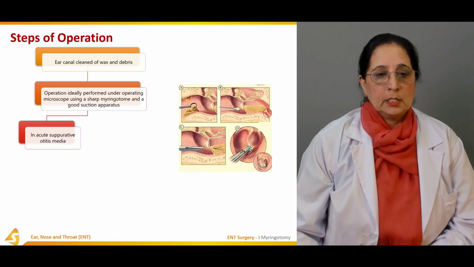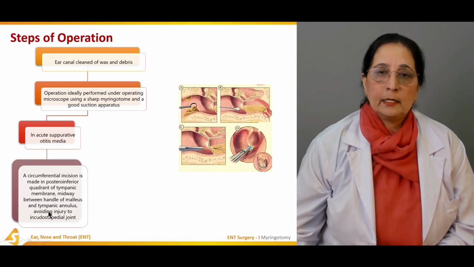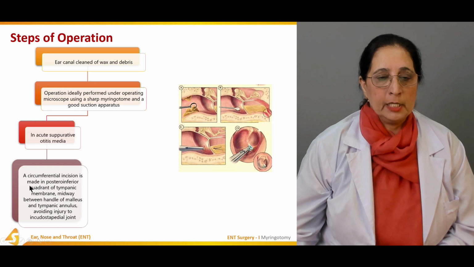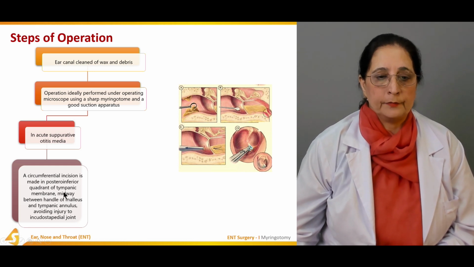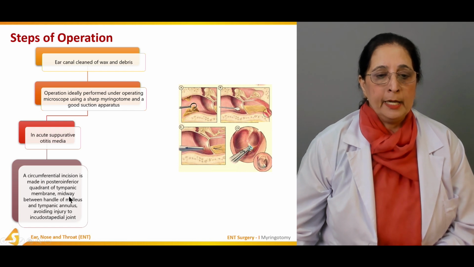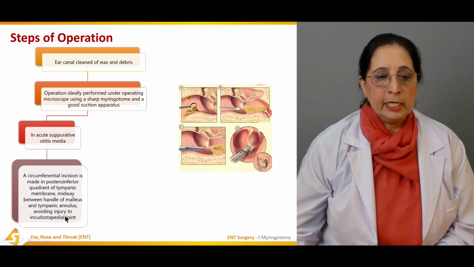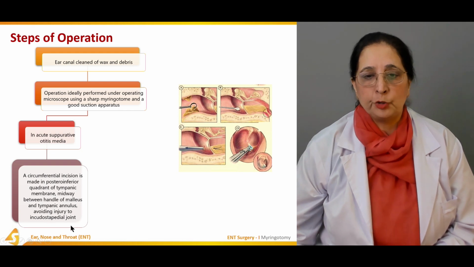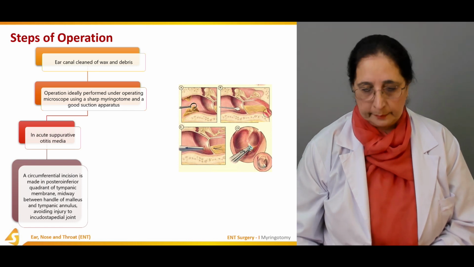In acute suppurative otitis media, a circumferential incision is made in the postero-inferior quadrant of the tympanic membrane, midway between the handle of the malleus and the tympanic annulus, avoiding injury to the incudostapedial joint. So this is in acute suppurative otitis media.